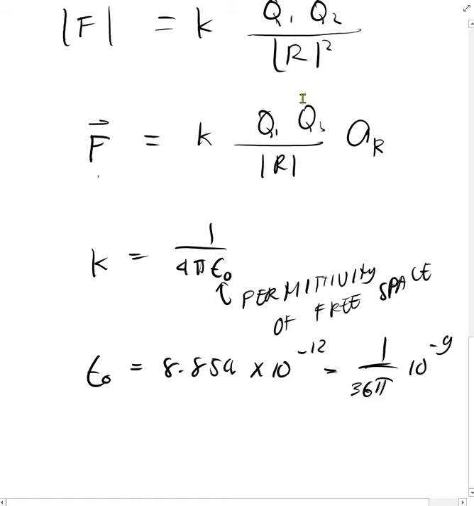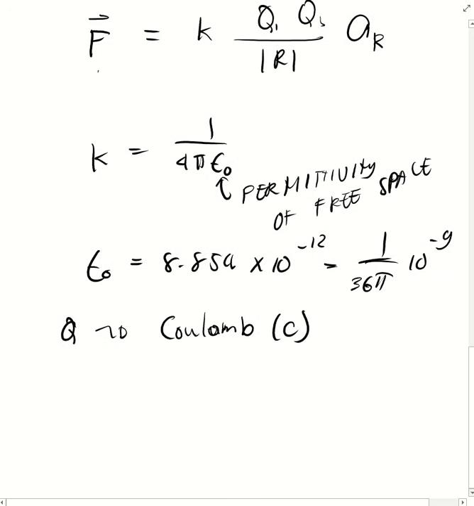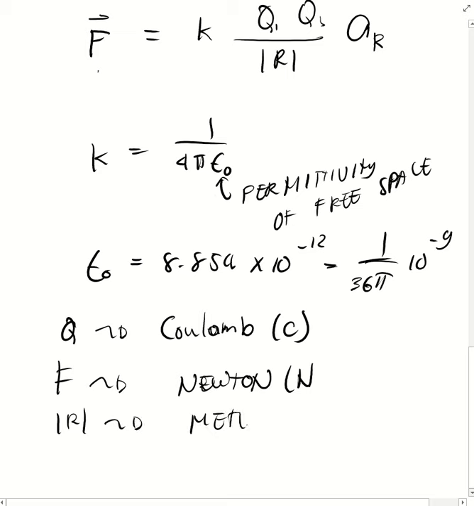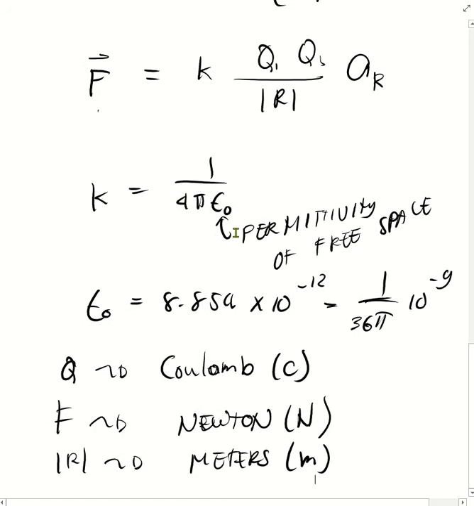Then the unit for Q is in Coulomb, or C. The unit for the magnitude of the force is in Newton, or simply N. And the unit for the distance is in meters, M. If we multiply Q times Q, it's Coulomb squared divided by meter. So Coulomb squared per meter.